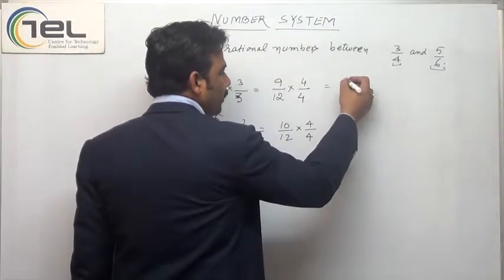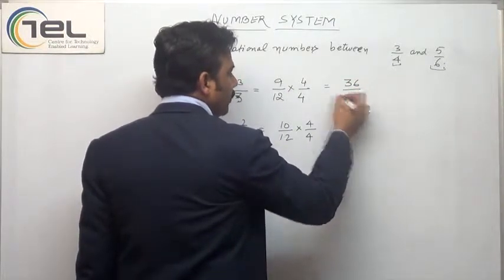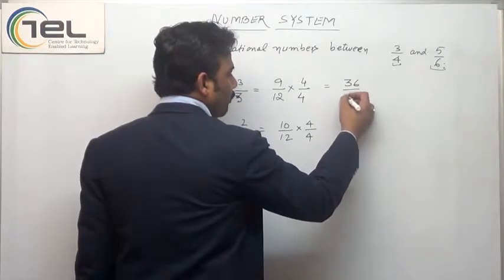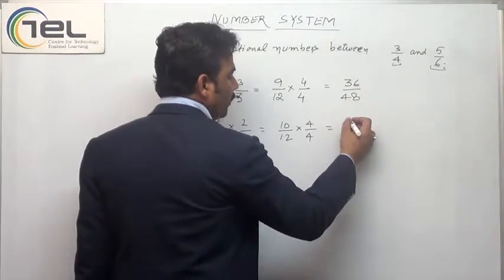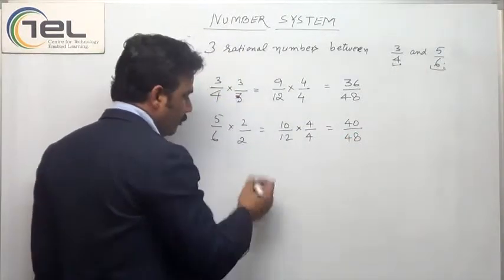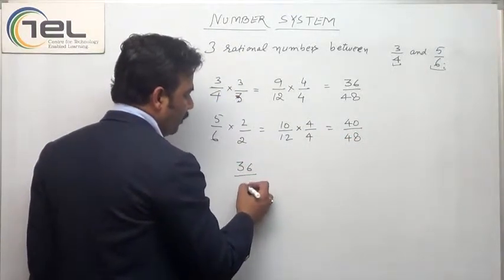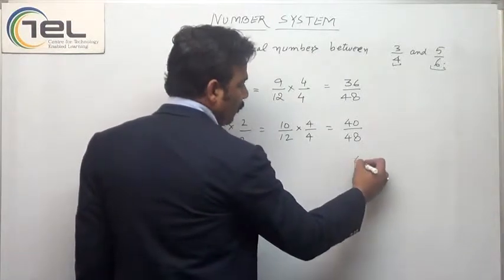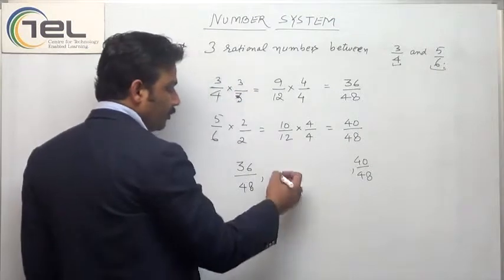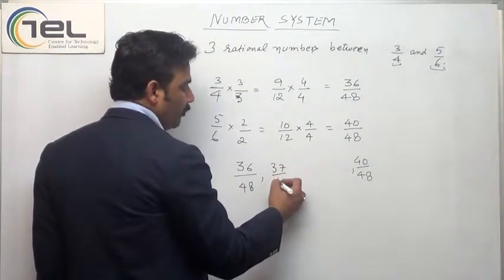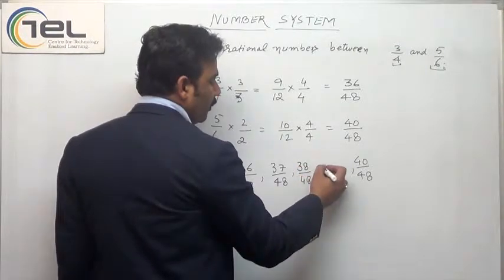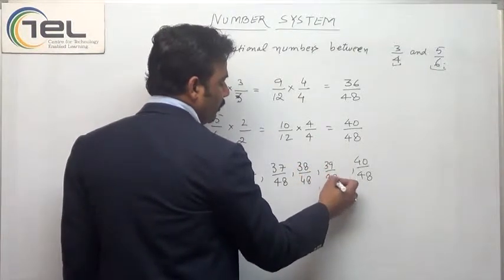I will get 36 by 48, and I will get 40 by 48. So between 36 by 48 and 40 by 48, I have the numbers 37 by 48, 38 by 48, 39 by 48.